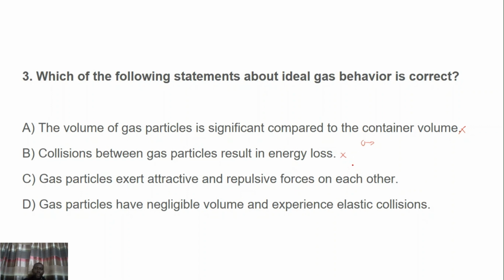C. Gas particles exert attractive and repulsive forces on each other. That is not correct. There is usually no force of attraction or repulsion between them, according to the kinetic theory of matter when applied to gas. D. Gas particles have negligible volume and experience elastic collision. So this is correct. The correct answer is D.